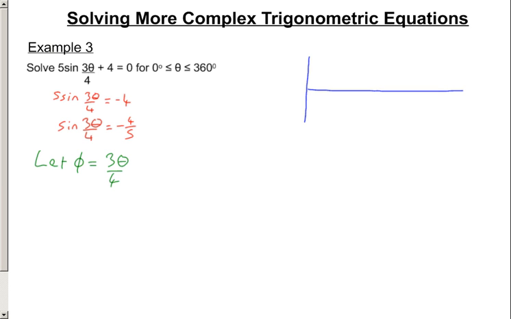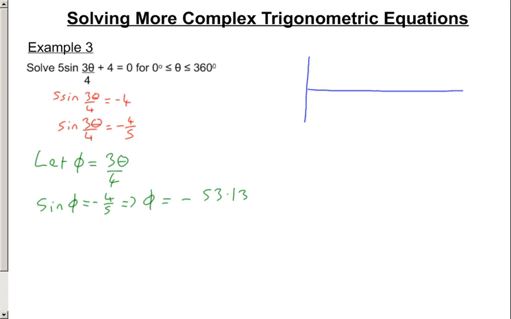So that means that sine of phi is equal to minus 4/5, which means that phi is equal to minus 53.13. And what we're going to draw on the domain this time is actually sine phi.